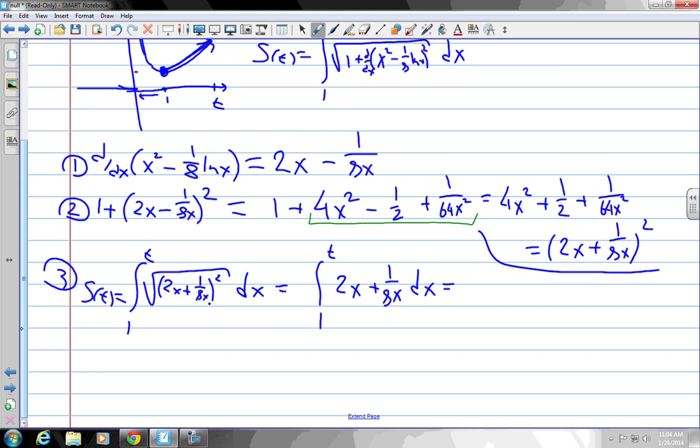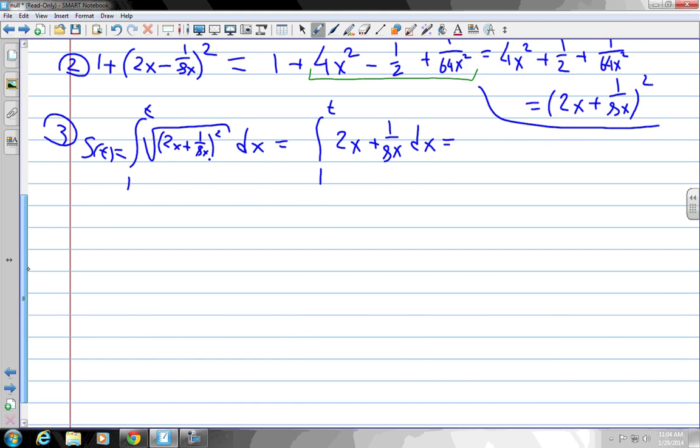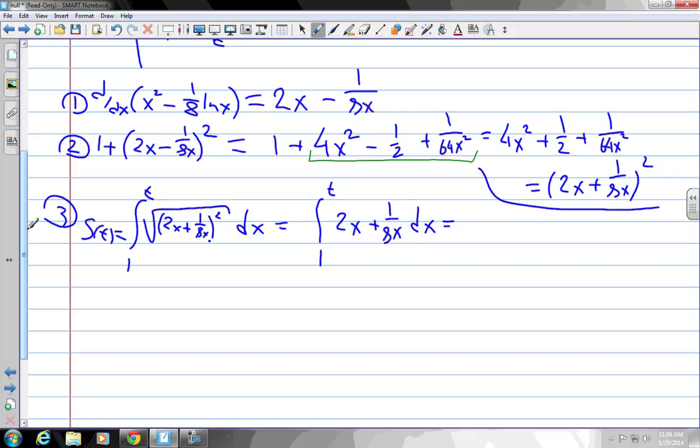I still have the square, so the square root will get rid of the power. These problems are very carefully designed so it works out that nicely.